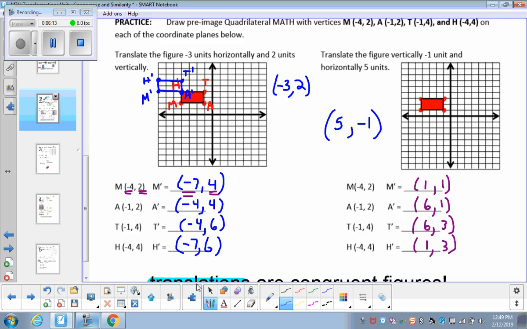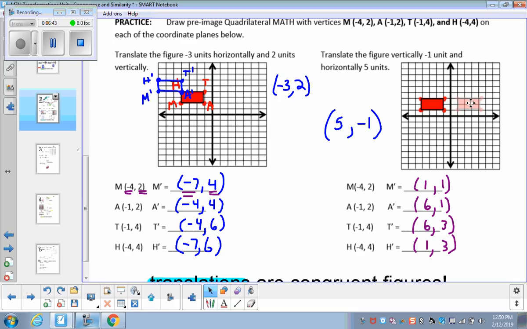So let's check to see now if we actually move this the right way, do we get these purple points? So we're going to move this over 5. So I'm going to move it over 1, 2, 3, 4, 5, and then down 1. Let me try that one more time. Over 5, so 1 spot, 2 spots, 3 spots, 4 spots, 5 spots.